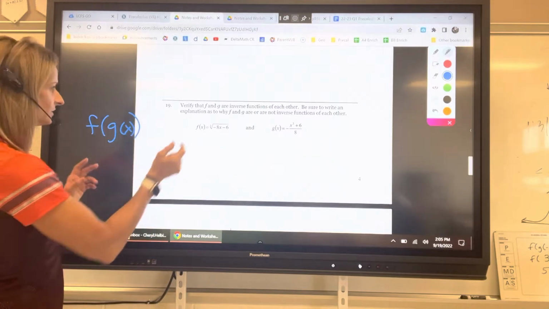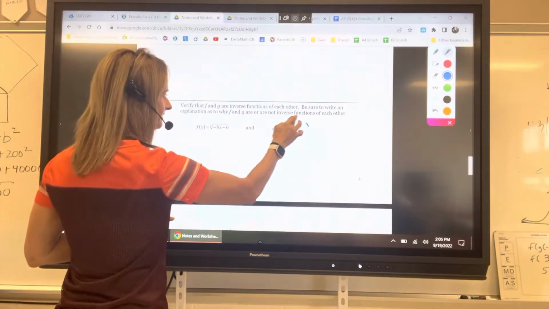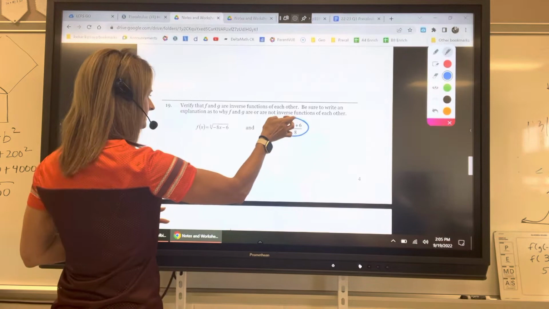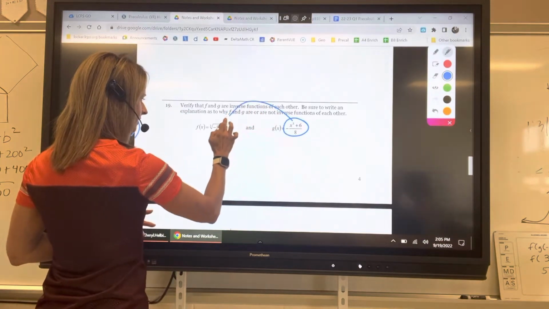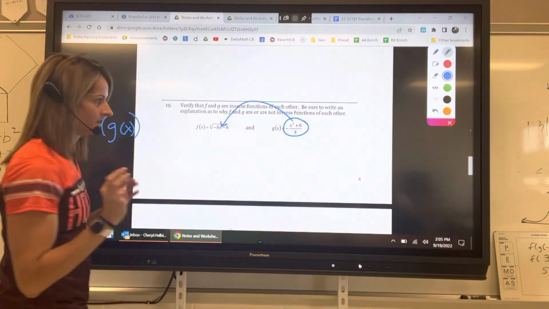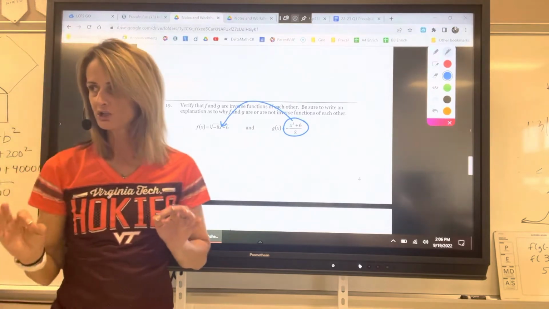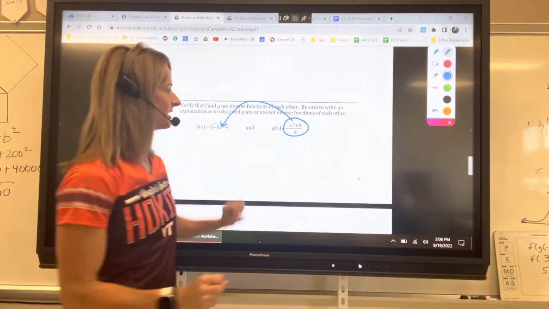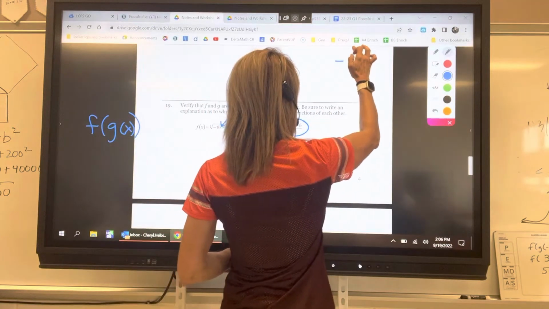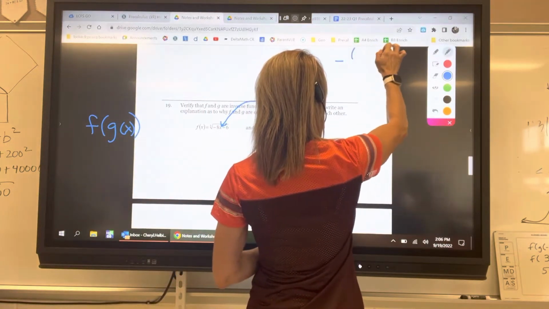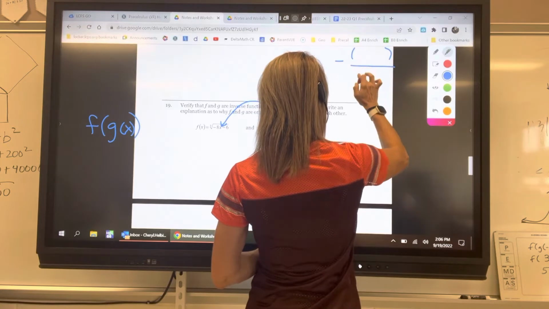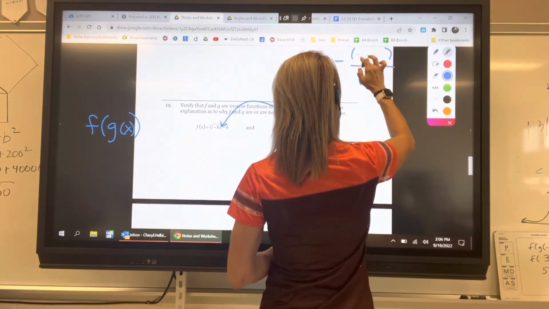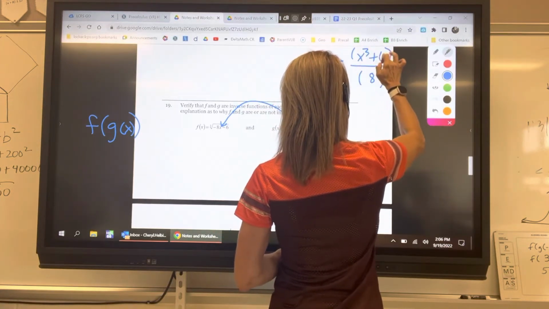So here's our g of x, and we're going to input this into f of x for x. Now, before we start, I just want to show you this negative is in front of this entire expression here. So negative, and then there's a parentheses in front of every numerator and denominator, right? We talked about that, x cubed plus 6.